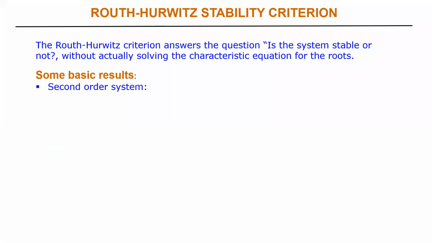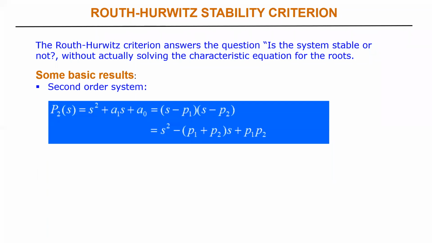Well, before we do that, let's look into a second order system. Suppose I have a second order system. This is a polynomial. So how many roots will I have? 2. So suppose I factorize my roots in this way. And let me multiply the roots again, reconstruct the polynomial again.